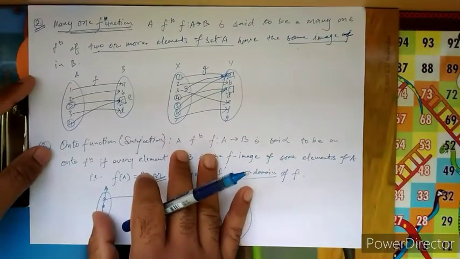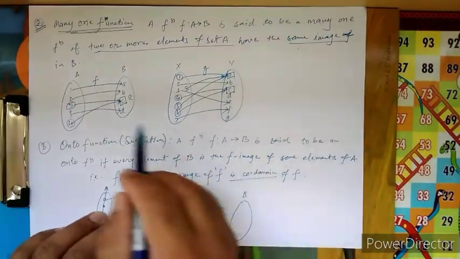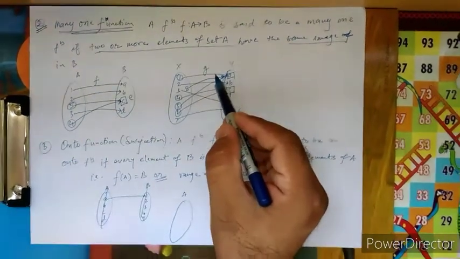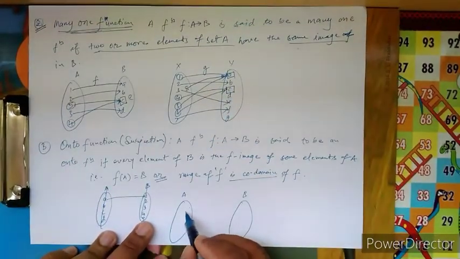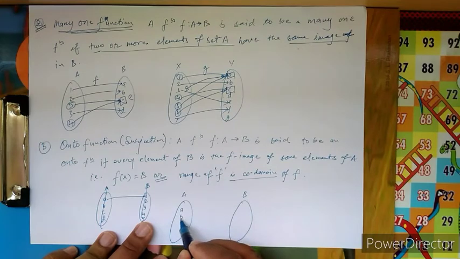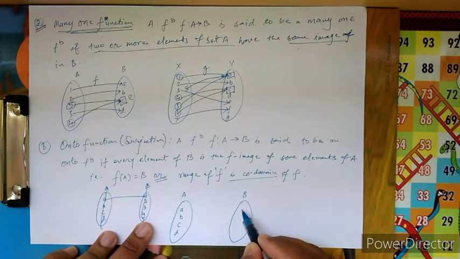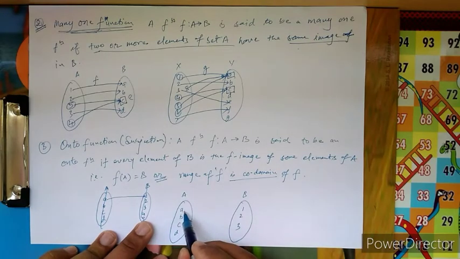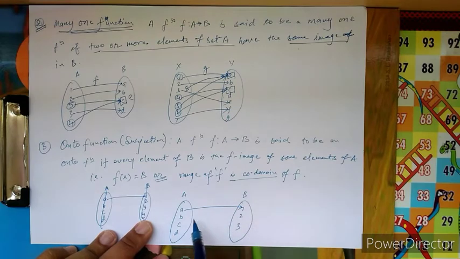This is a many one function. So this is f, this is g. This is a, b, c, d, 1, 2, 3. Say a is a pre-image and 1 is the image.